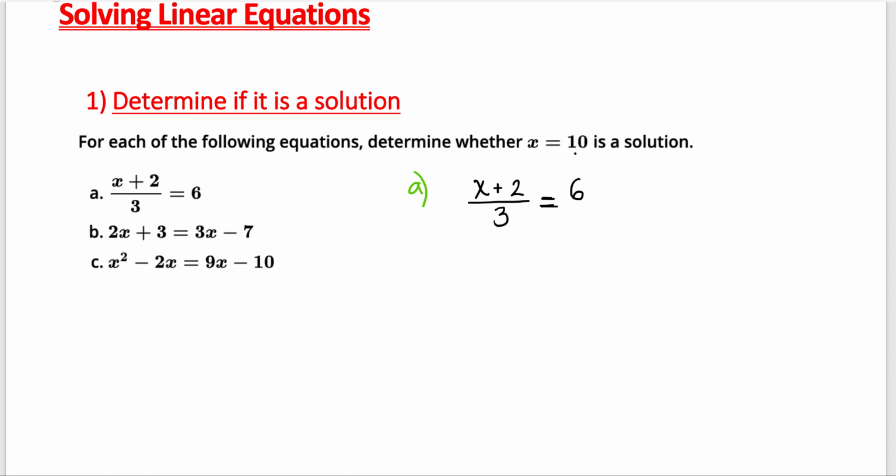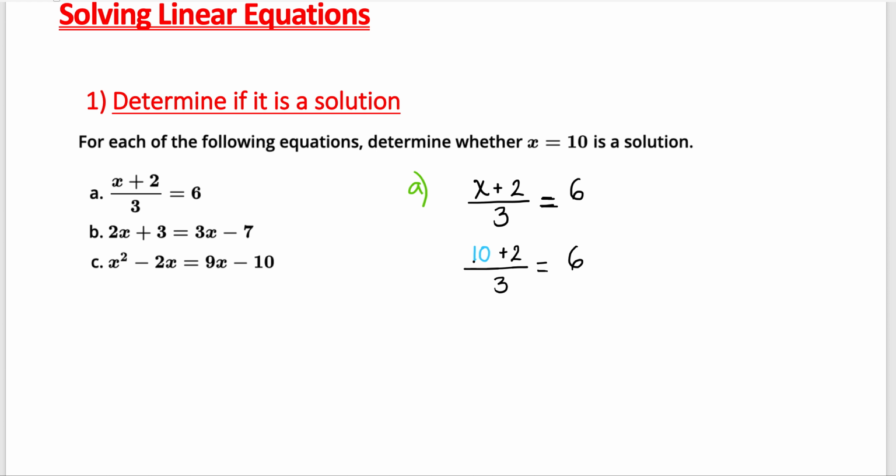It says if x is equal to 10. So I'm going to sub in that 10. I'm going to put it in blue here: 10 plus 2 over 3 is equal to 6. And then I solve that.